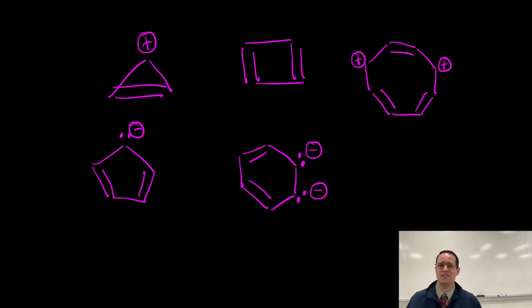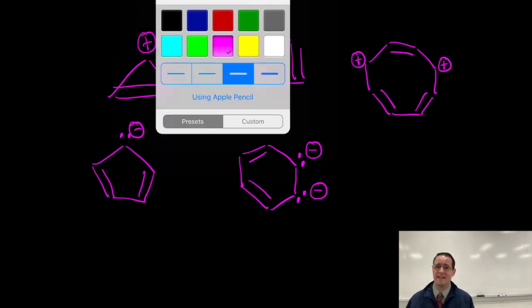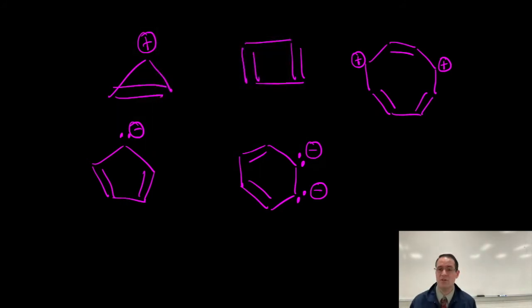Okay, so let's just look at these crazy looking structures and let's practice counting for the 4n plus 2 system, okay? So let's assume first of all that all of these are cyclic. Yes, they are. They're planar.